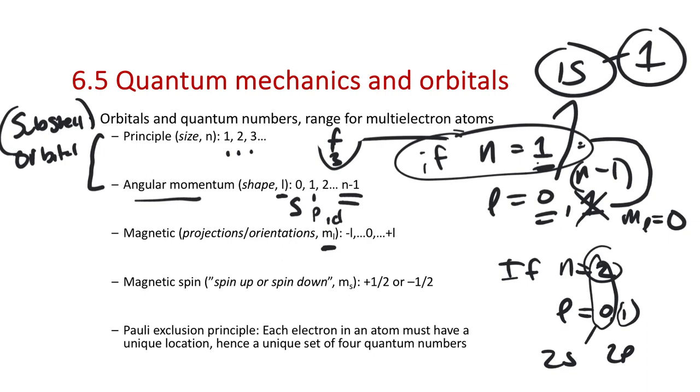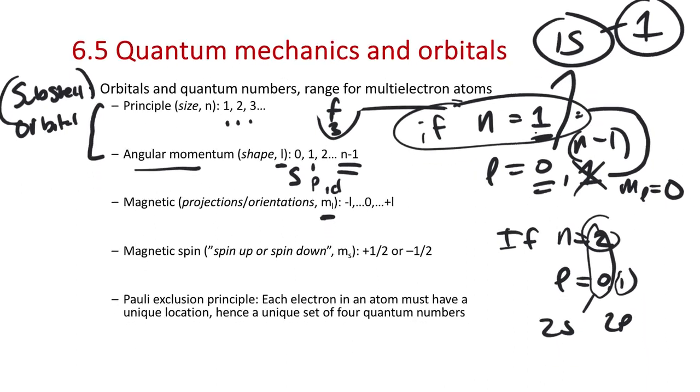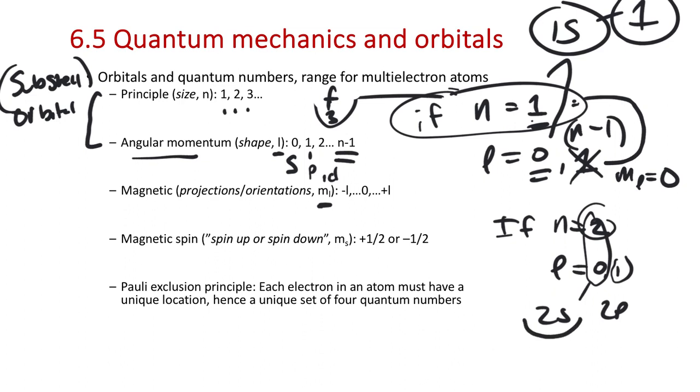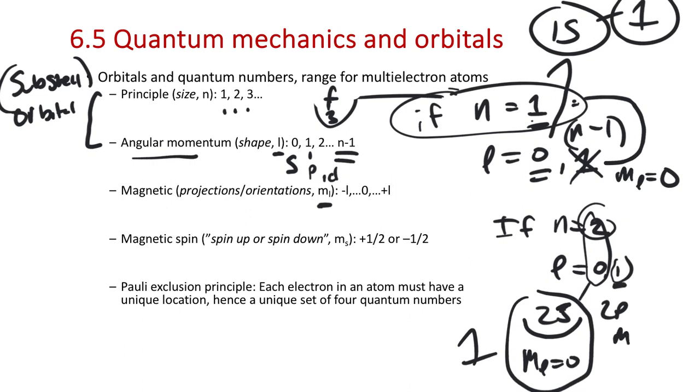But if we then look at the n equals 2 combinations, for the 2s orbital the L was 0, so the only m sub L is 0. So again, there's just one 2s orbital. But when we look at the 2p, the L is 1, so m sub L is minus L, 0, plus L, all integers between.